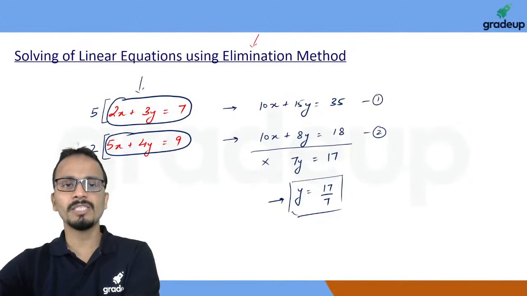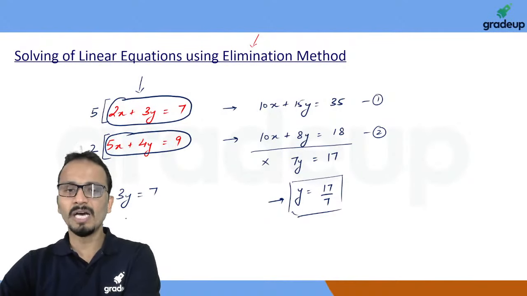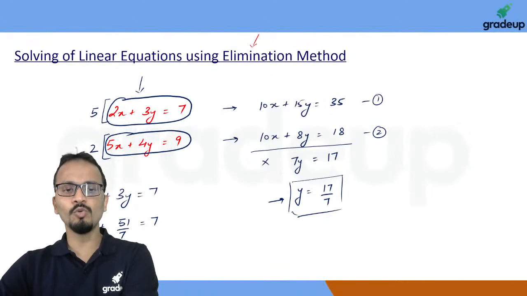I'll pick this equation, that is 2x plus 3y equals 7, and substitute the value of y here. So it will become 2x plus 3 multiplied by 17 upon 7. 17 into 3 is 51 upon 7, equal to 7. So the value of 2x will be equal to 7 minus 51 upon 7, that is equal to minus 2 upon 7.